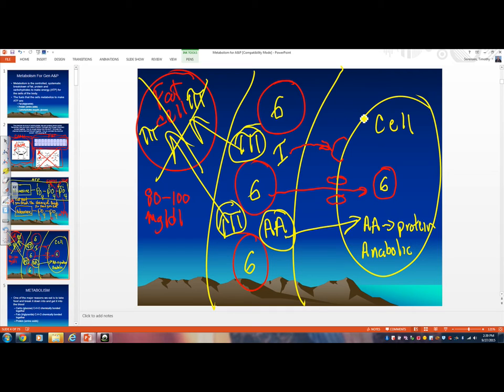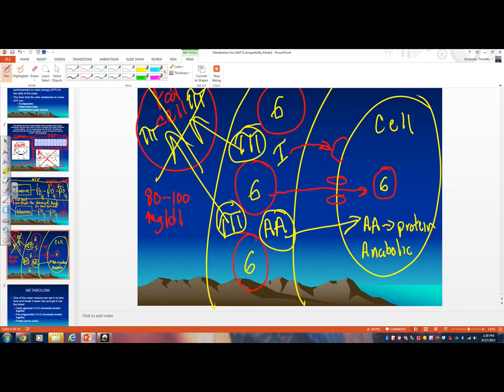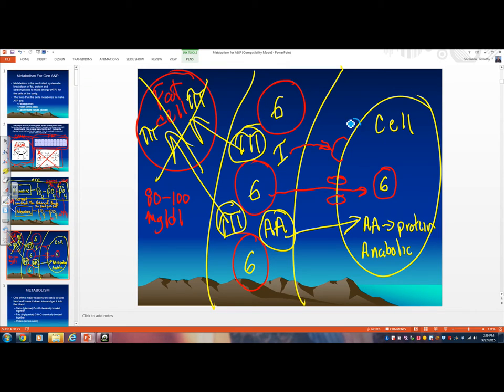Another function of insulin is that insulin directly stimulates the sodium-potassium pump.